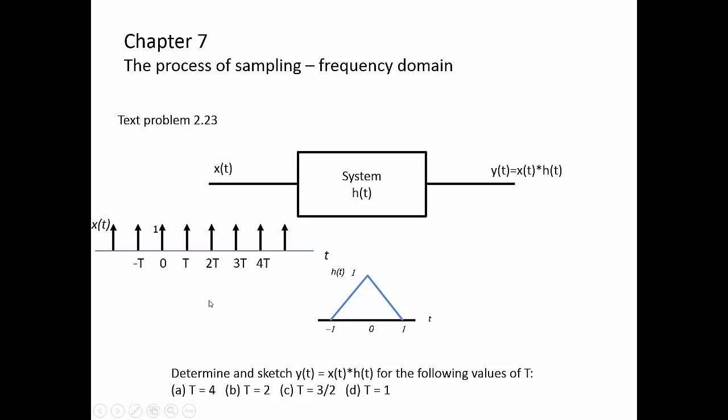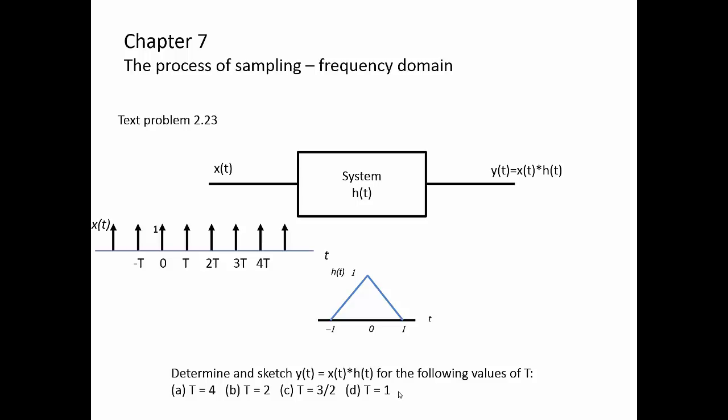In Chapter 2, Text Problem 2.23, which has been assigned to you, was a similar problem where x of t was an infinite pulse train, h of t was a triangle, and you were tasked to find y of t, which was the convolution of the pulse train and the triangles, when our pulse train had spacings 4, 2, 3 halves, and 1. I hope you've completed this.